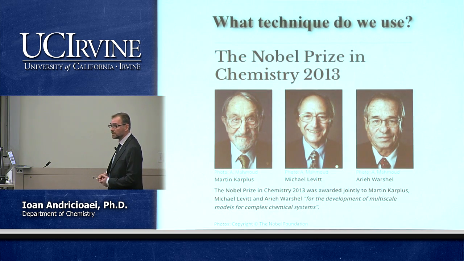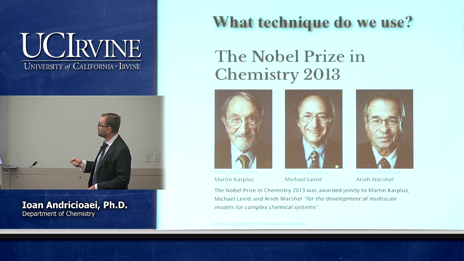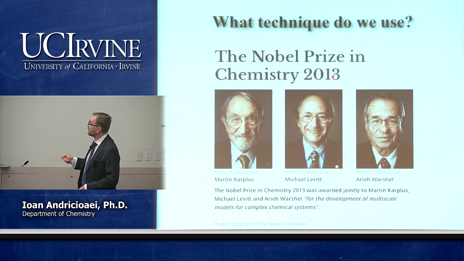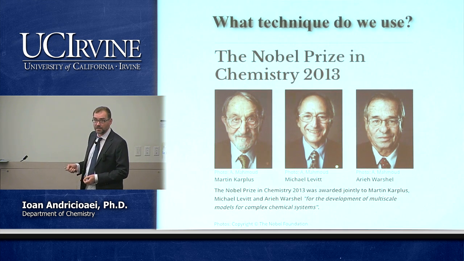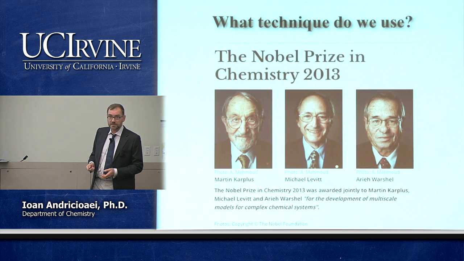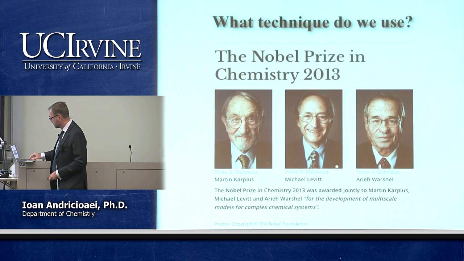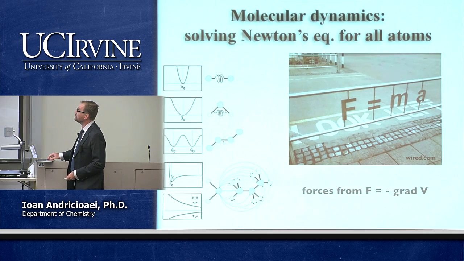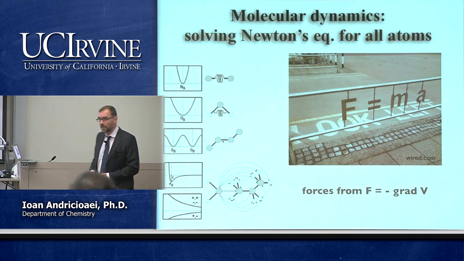It is difficult enough to warrant the award last year of the Nobel Prize in Chemistry for the development of computational techniques that address the multi-scale nature of the chemical systems involved in such instances, in biomolecular instances. So, this is what we're interested in.